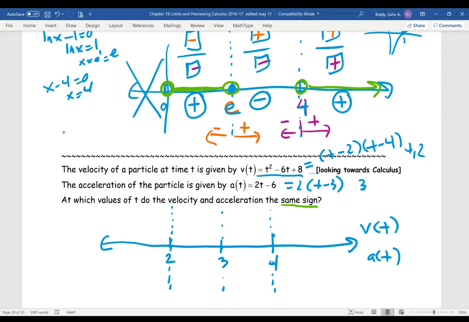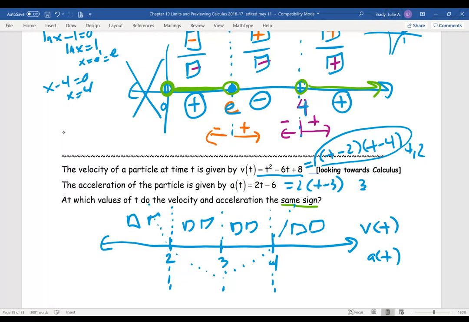Could you even do this graphically? That's a parabola. It opens up, so you could think about it graphically, that it looks like this if you graph that parabola, but we'll use the same strategy. So we've got 2 for velocity. Here's my template.